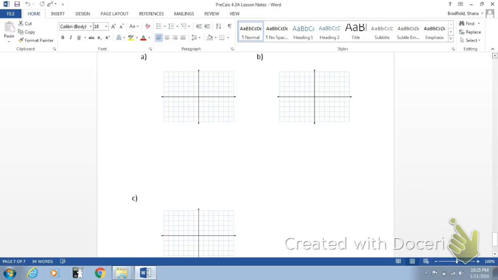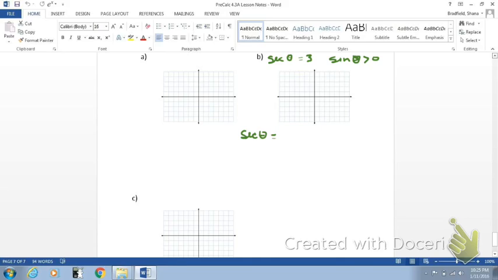Okay, I just want to look at B and C really quickly here. B tells me that the secant of theta is equal to 3, and that sine of theta is greater than 0. So that means it's positive. So we've got to use those ratios that we know. I know that secant is the reciprocal of cosine.